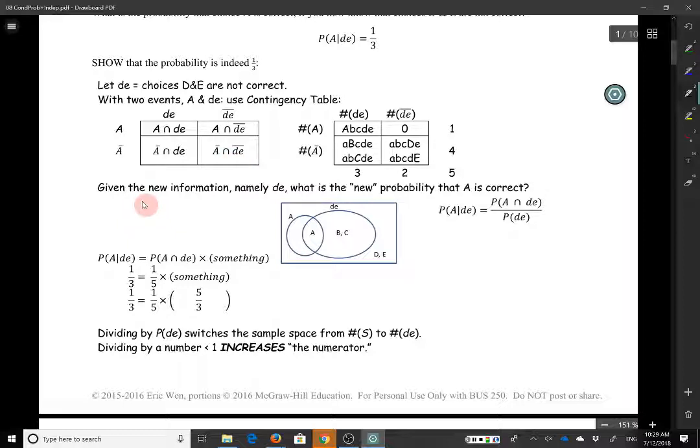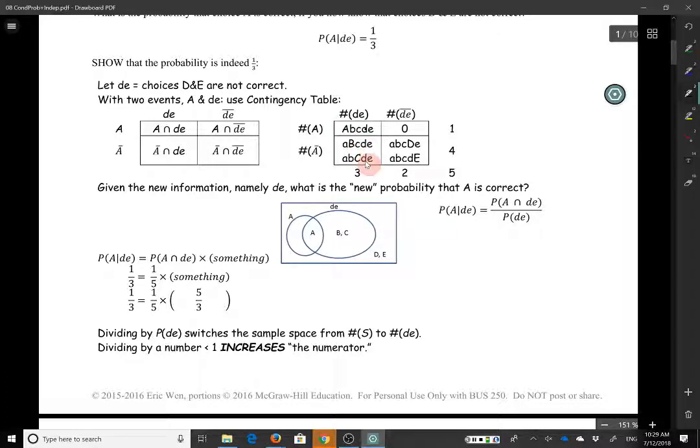And so we fill in the contingency table, right? So here's a part where A and DE are true, and here's a part where A and not DE are true, right? And so how could A be correct and D and E be correct? That's not possible. Okay, and then the intersection where A is correct and D and E are incorrect, there's only this one case. Okay, and then the opposite, the complement of A, and D and E are not correct, are where B and C are true, basically, right?